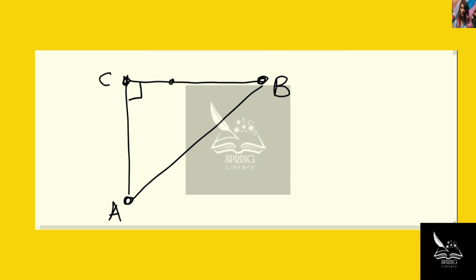And then we have another point D on the side opposite of A. Now we have the distance from A to C is 5 kilometers. Sorry, B is only 5 kilometers downstream from A. This means the distance from B to C is 5 kilometers, not from A to B.